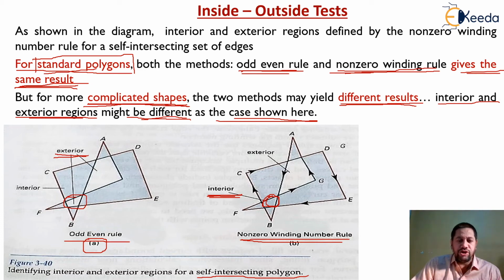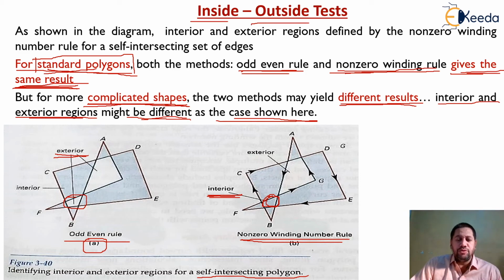As per the application, we are going to apply either the odd-even rule or the non-zero winding rule. But if it is a standard polygon, not self-intersecting and not a complicated shape, then both methods always give the same result for the inside-outside test.